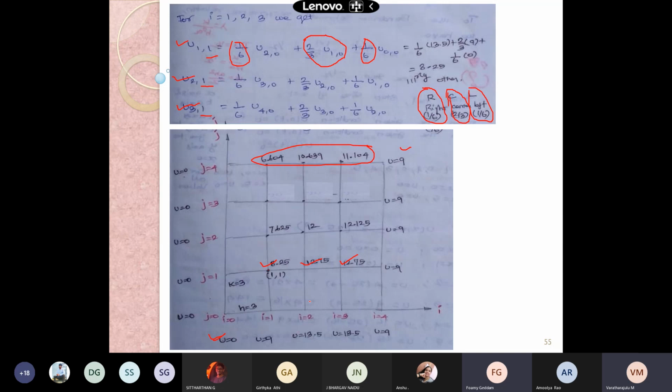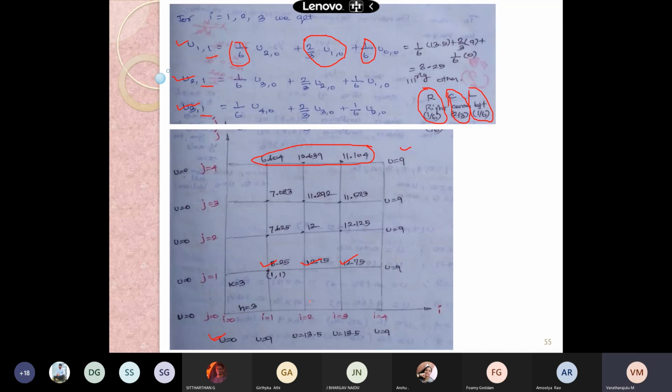Sir, is it 8.3, sir? No, you try to recheck the calculations. I got 11.29, sir. Yes, absolutely. Good. Bhargav, 11.583. Very good.